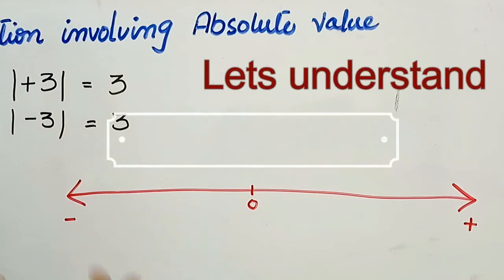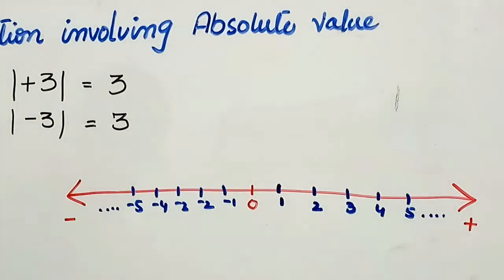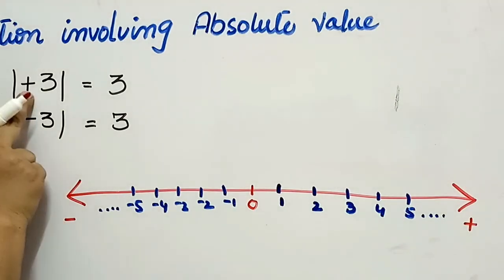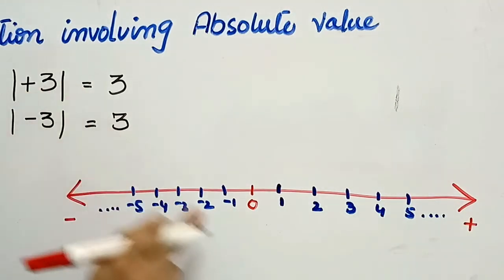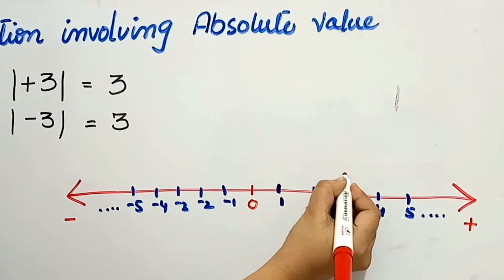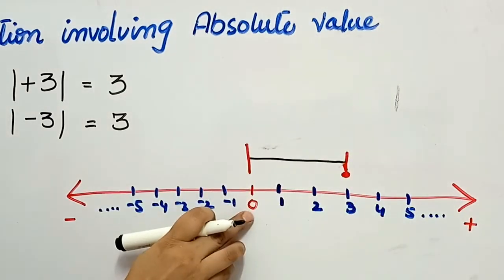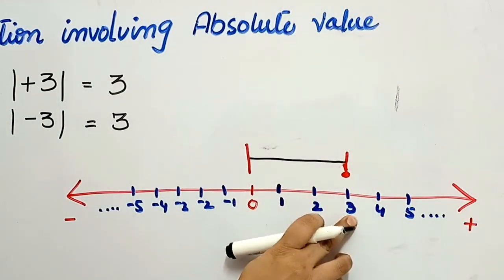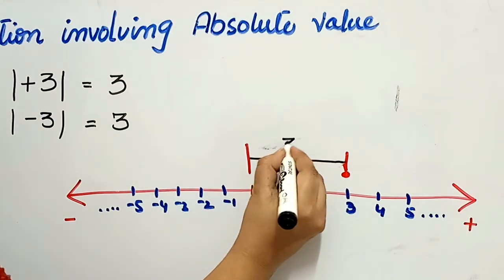Let's understand the magical idea behind it. This is the number line. It is positive 3. So where will the positive 3 lie? It will lie over there. The distance from this 0 to this 3 is 1, 2, 3.